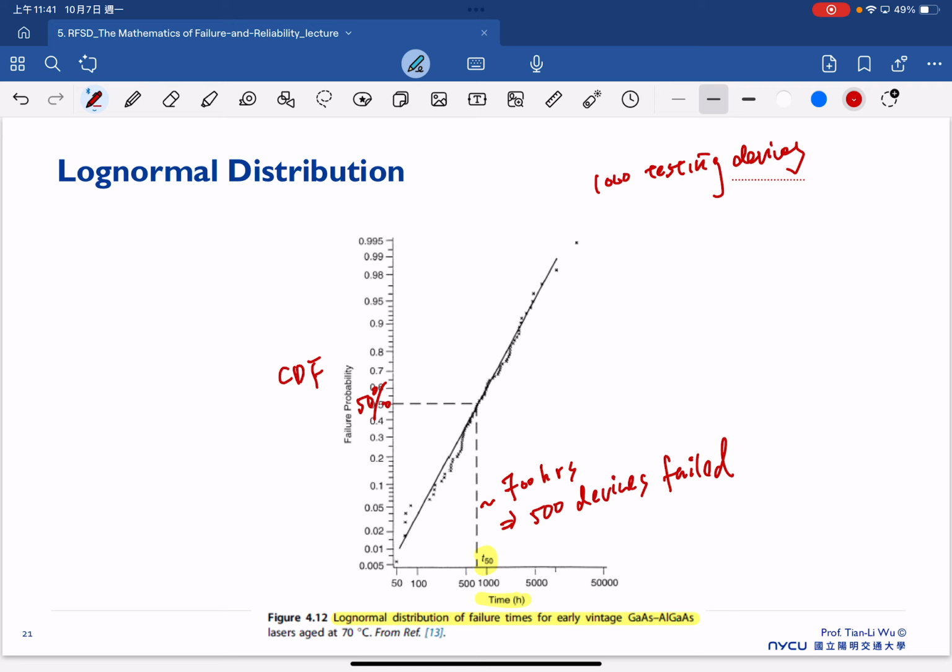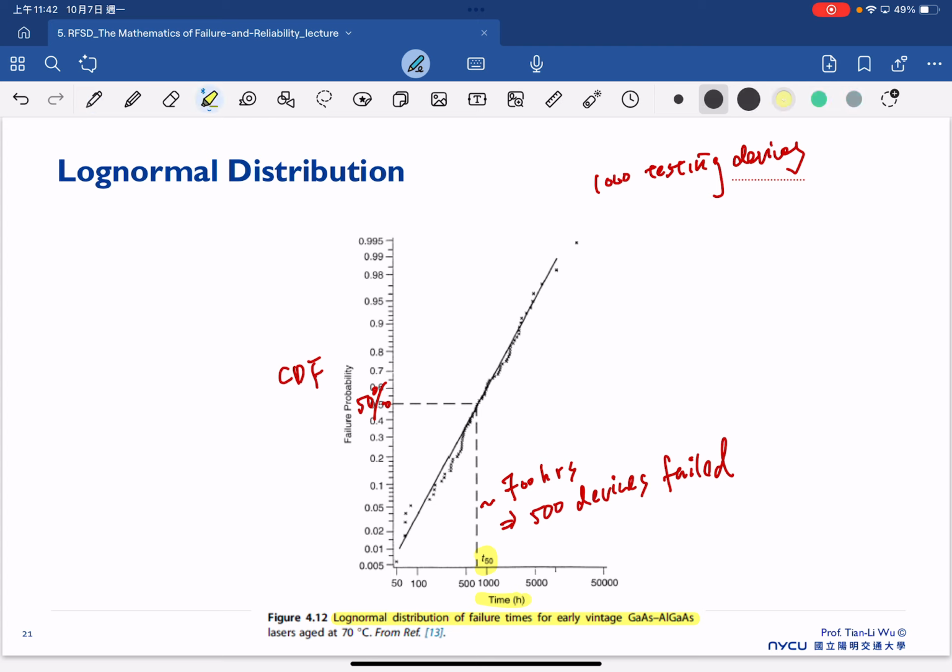If you ship like 100 devices, you tell them how much time you use and you can have 1%, because usually no customer will buy your product if you only provide the data for 50%, because 50% is a huge amount of devices. So they will only be interested in the case of 1%.